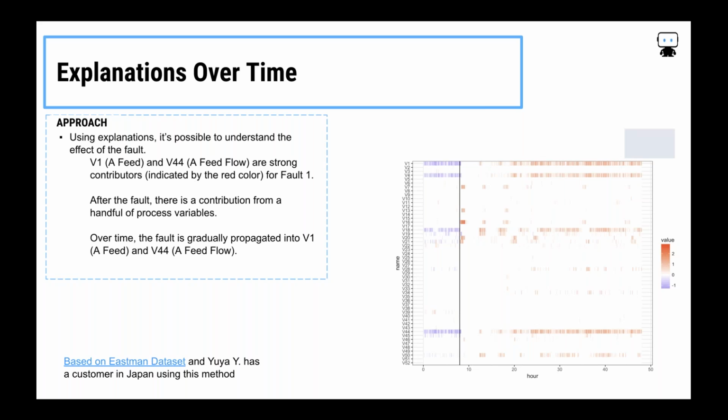As you'll see with the explanation clustering, explanations you can think of almost as a form of dimensionality reduction, helping to reduce the space of information to focus on the most crucial information. We've been able to use this with manufacturing, for example, to better understand the effects of a fault.